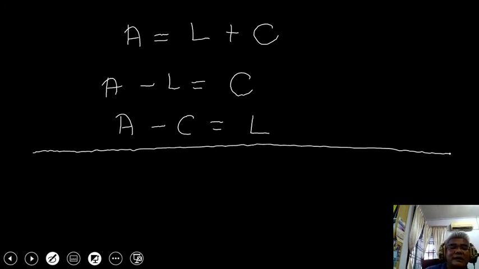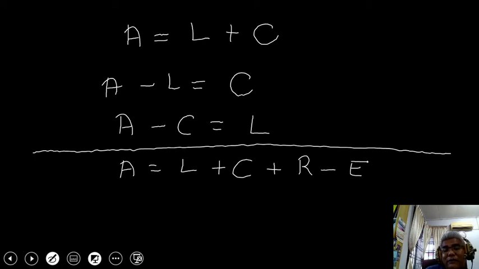And when we want to expand the formula, asset equal to liability plus capital plus revenue, and then minus expenses. So if you want to avoid negative, then you move negative to the left.